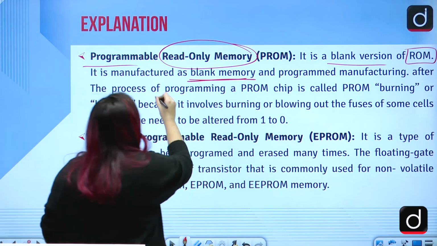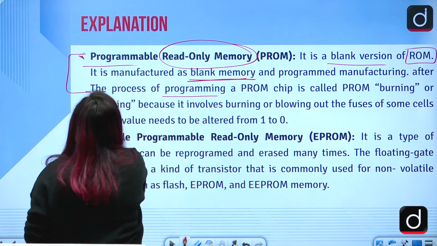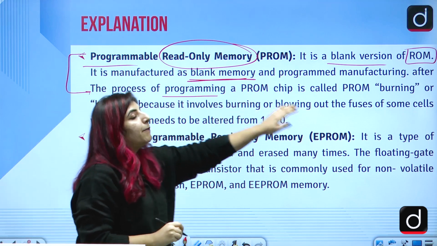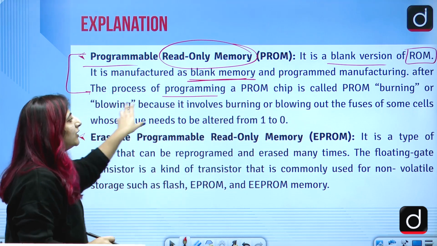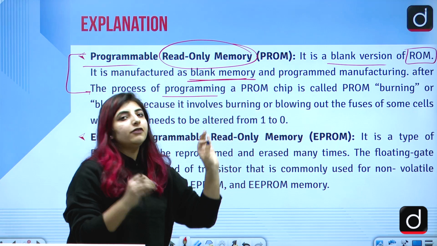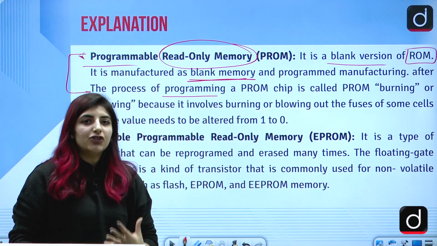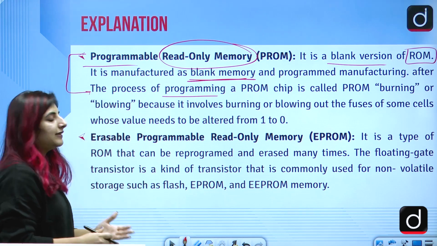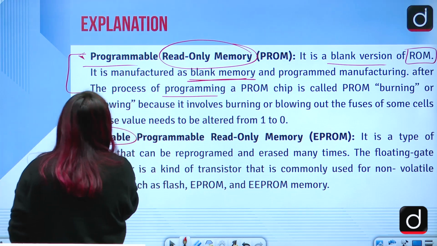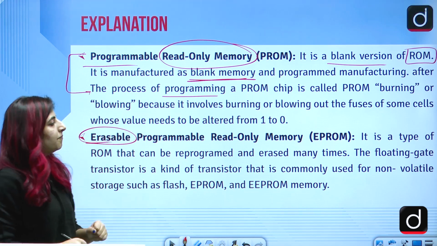The process of programming using the programmable ROM is known as burning or blowing, because it involves burning or blowing out the fuses of certain cells, and then the data is programmed into that very chip or disk. Then we have erasable programmable read-only memory.